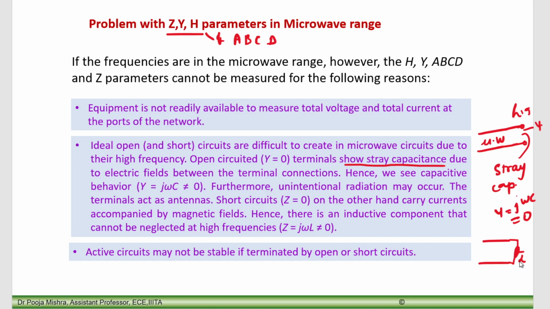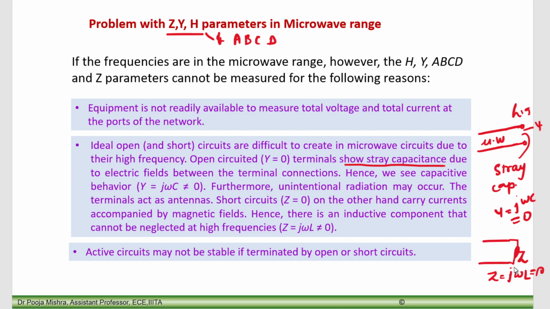At high frequency, certain inductance may appear here, so there will be an impedance j omega l, which will not be zero. Because of this inductive behavior, some current may start to flow through this short circuit also.